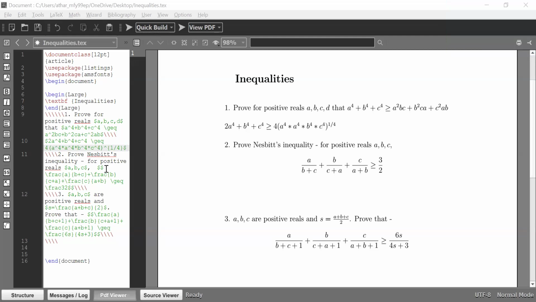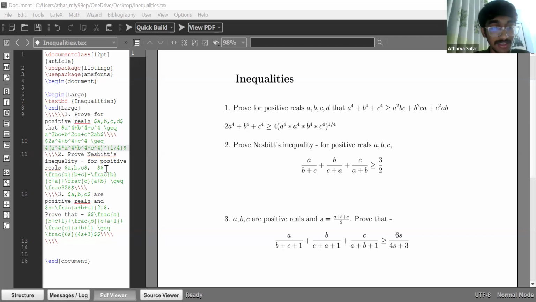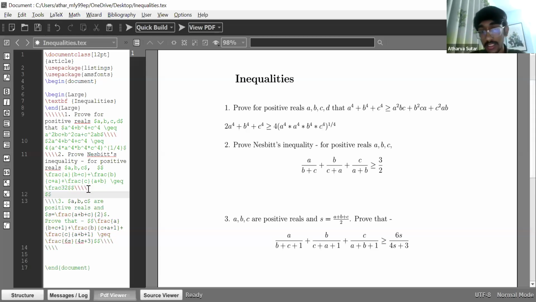Okay. So I think the most common proof for this is you basically substitute, you want to make the denominators a bit simpler. So you substitute x equals a plus b, y equals b plus c, and z equals c plus a.